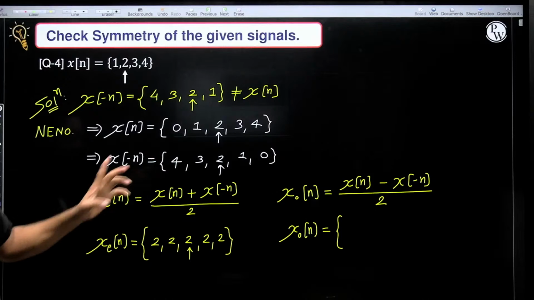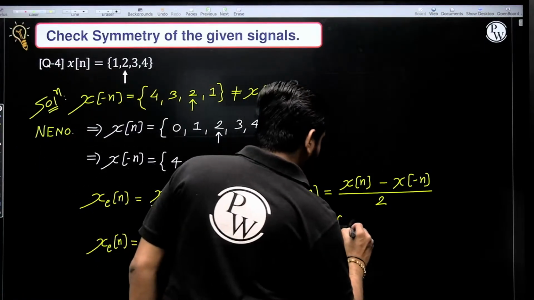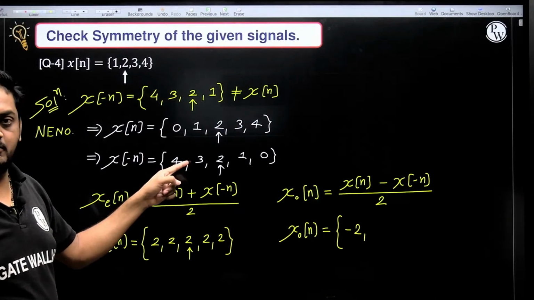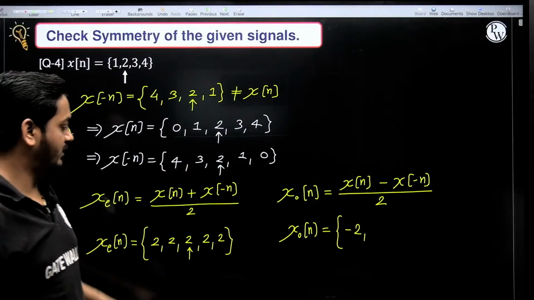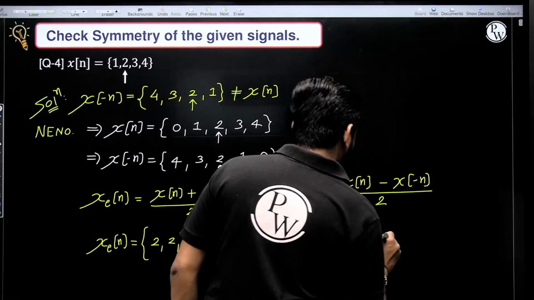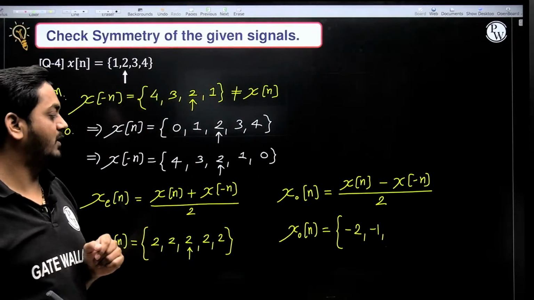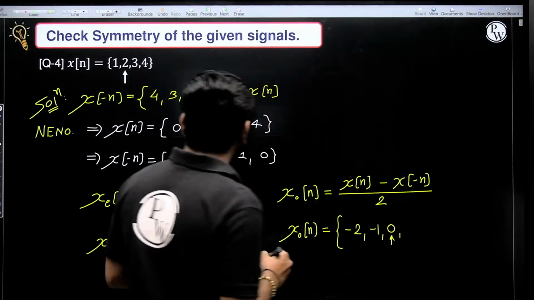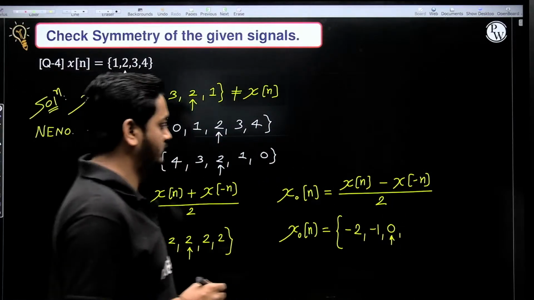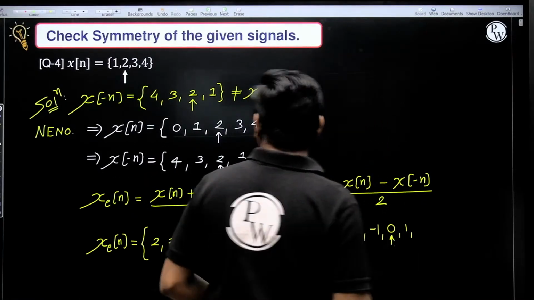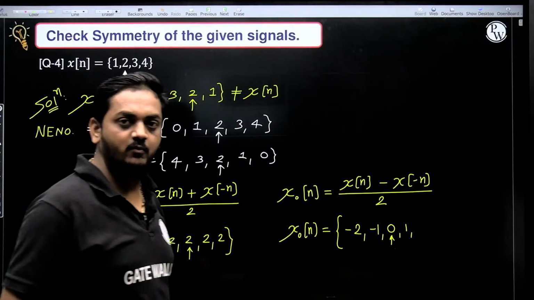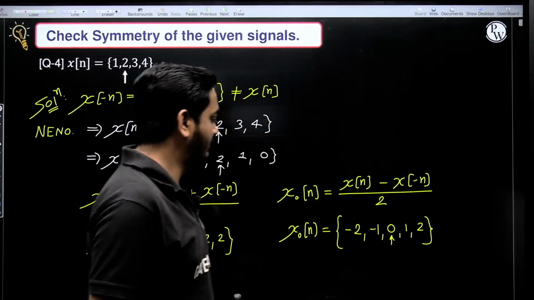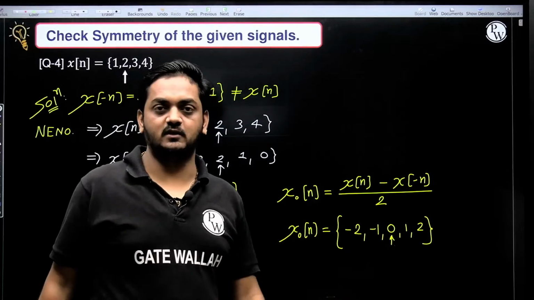So 0 minus 4 divided by 2, that is minus 2. 1 minus 3 divided by 2, that is minus 2 divided by 2, that is minus 1. 2 minus 2 divided by 2 is equal to 0 at origin. 3 minus 1 divided by 2, which is equal to 1. And 4 minus 0 divided by 2, that is 2, guys. So again you can see here odd signal has amplitude 0 at origin. So this is the odd signal.